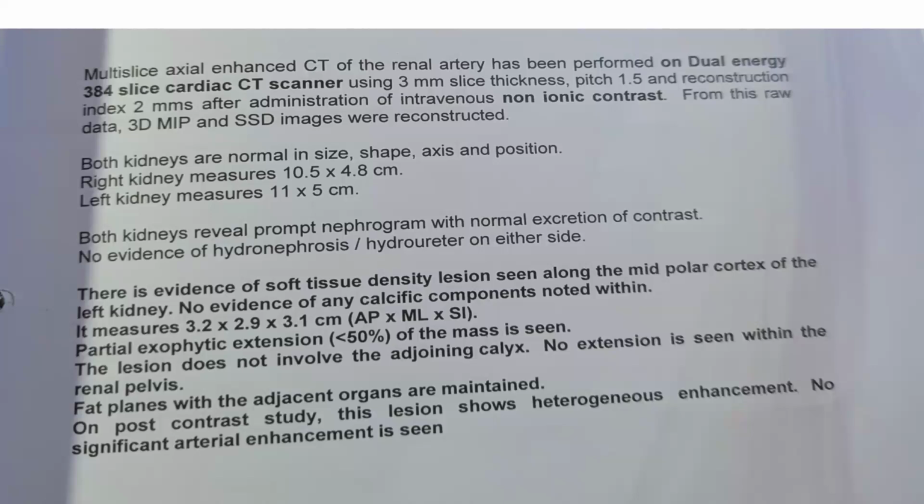This is probably a heterogeneously enhancing 3.2 centimeter left renal mass, interpolar. With this enhancement, the chances of malignancy is around 85 to 90%. Very unlikely it's a benign. The usual paper quoted in 2005 says 25% chance of benign.